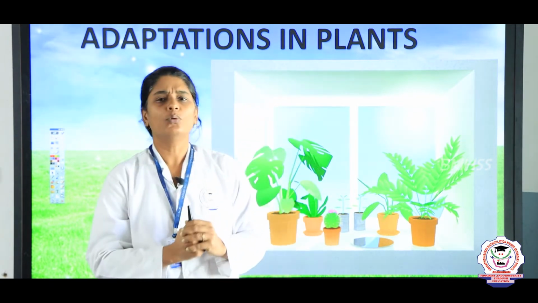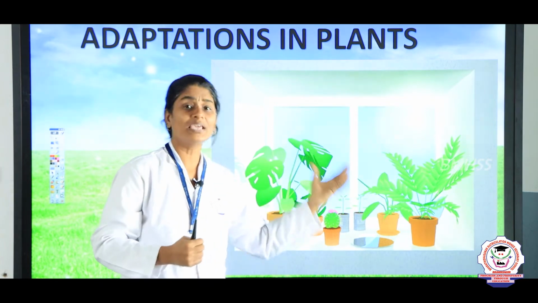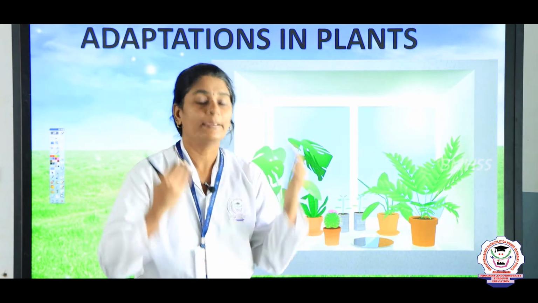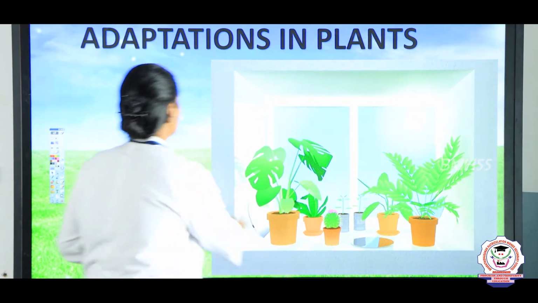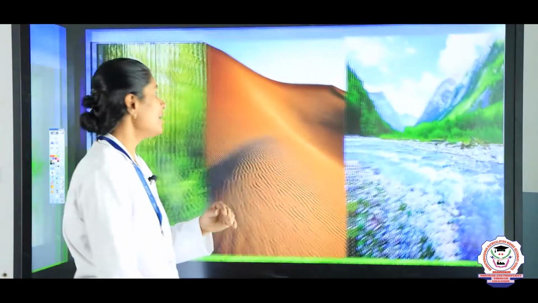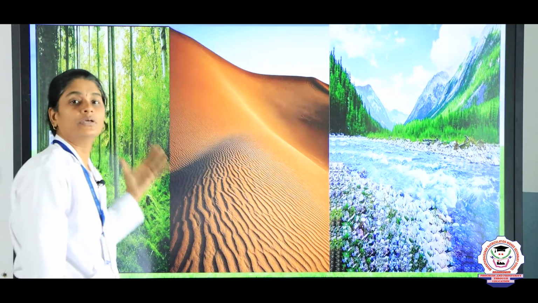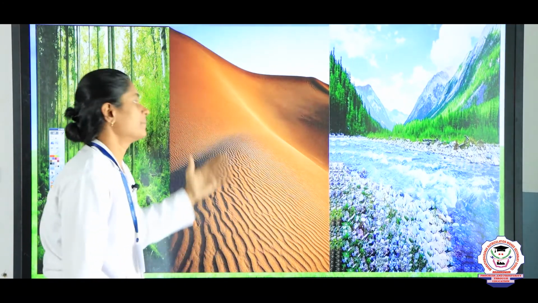Now we can see different types of plants that grow in different places. Plants grow in forests, in deserts, near water bodies, and also in marshy areas and plains, right.